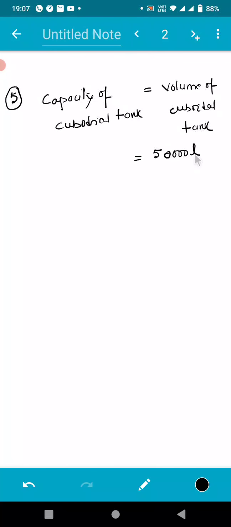50,000 liters, students. Okay, now what you can do is that you can convert this liter form into the meter cube form. So in that way you can divide this by 1000. So now you can write meter cube. So reduce this by 3 zeros. So in other words you can say that the capacity of a cuboidal tank is 50 meter cube.